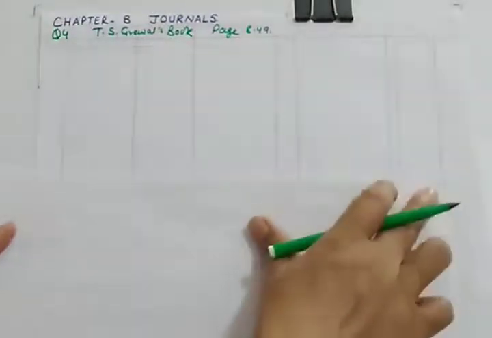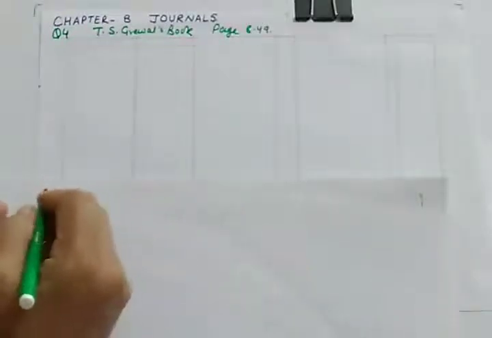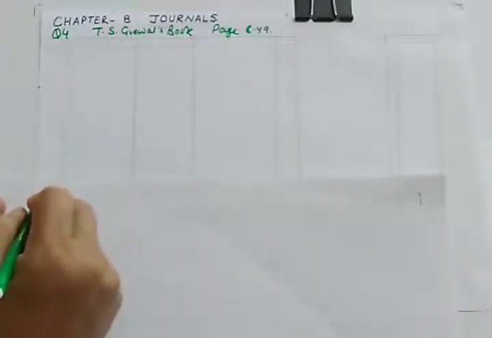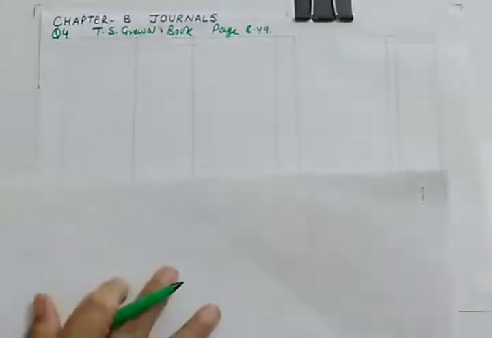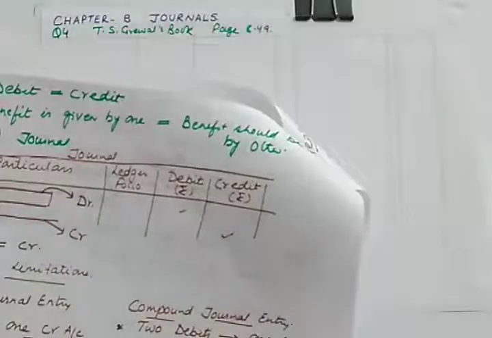Because in this you will be learning compound journal entry. We have done simple journal entry, but here we will be focusing more on compound journal entry, where you know that in case of compound journal entry you will be debiting 2 items together or crediting 2 items together, or 2 items debit, 2 items credit.